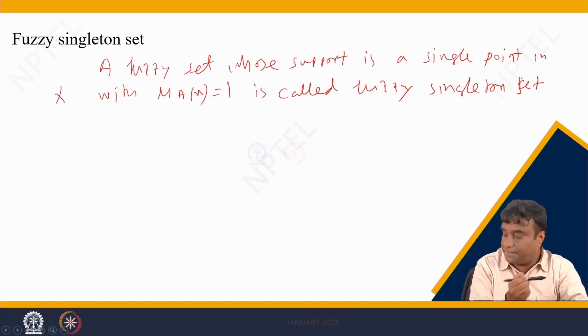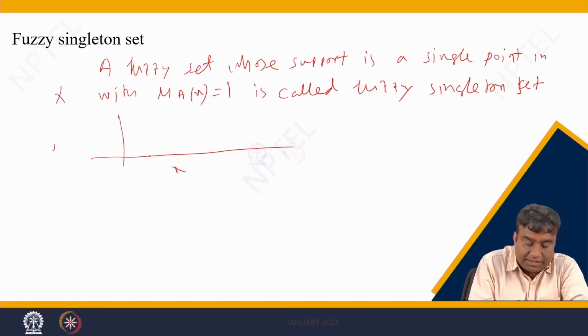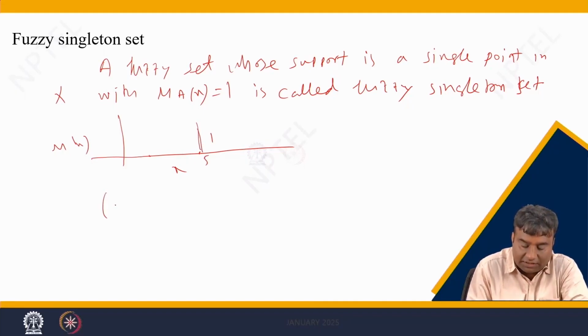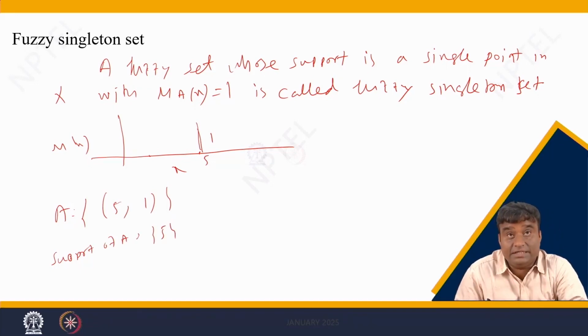As an example, suppose you are drawing a diagram, where this axis represents x and this represents mu x. Suppose x equals 5 and the value of mu x equals 1. So this is the fuzzy set 5, 1. Now the support is a single point, so you can say that the support of A is just 5. This is known as a fuzzy singleton set.